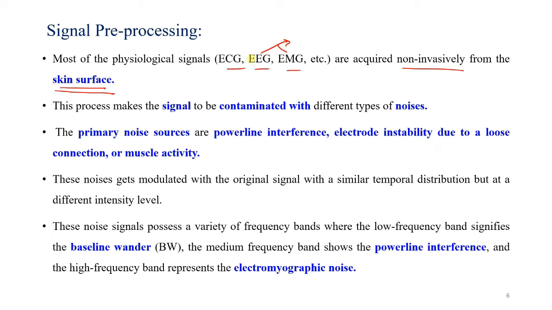We use electrodes known as needle electrodes, which are inserted within the human body, and they help us get information from a localized area.